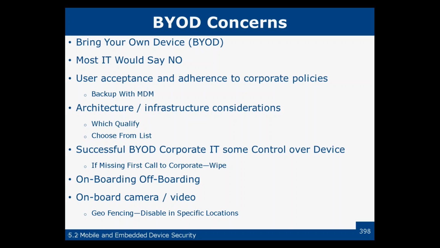So what we have to have is user acceptance and adherence to the corporate policies, and we have to have policies on how to manage these devices. What are we going to allow? How much are we going to allow? I think any place that I've ever worked lately that allowed those things, even in the building, just allowed an internet connection, didn't really allow it to be used on the network.